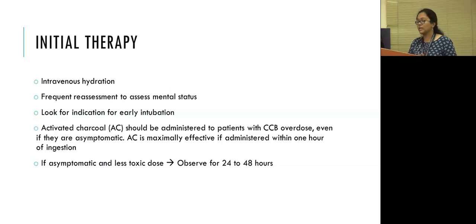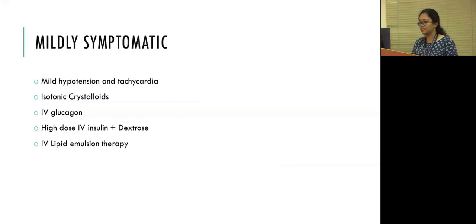Activated charcoal should be administered to all patients with CCB overdose, even if asymptomatic. It is preferable within 1 hour of ingestion, but even up to 6 hours, delayed activated charcoal is acceptable. If the patient is asymptomatic and has consumed a lesser toxic dose, only observation for 24 to 48 hours is required. No specific intervention is required.